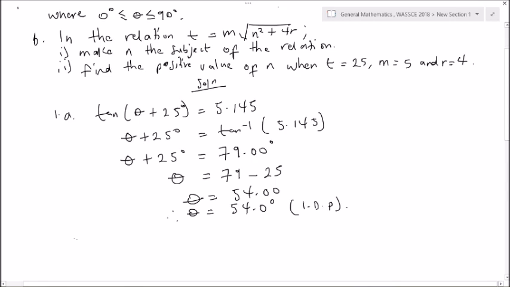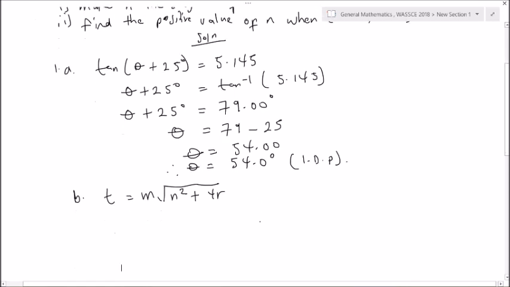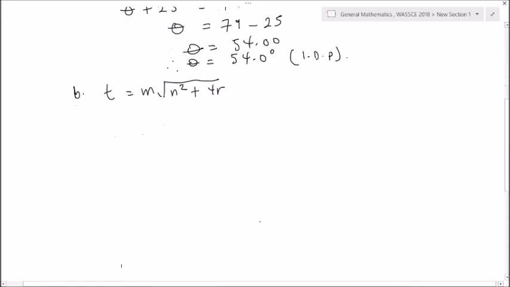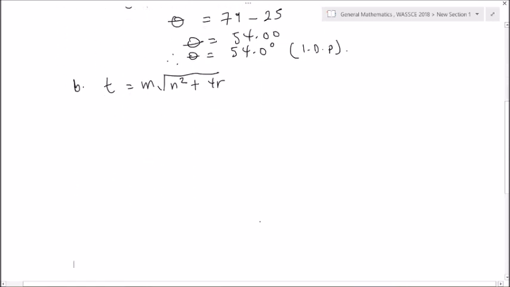Now B. We are given that in the relation T is equal to m times root of n squared plus 4r, we have to make n the subject in this relation.